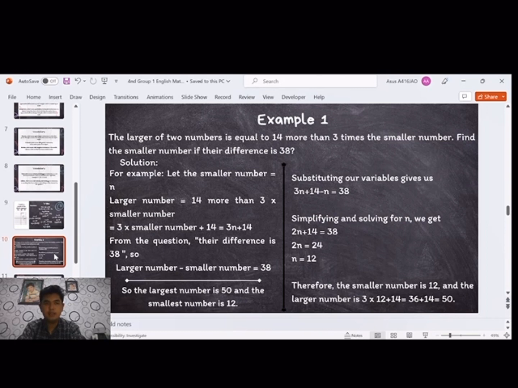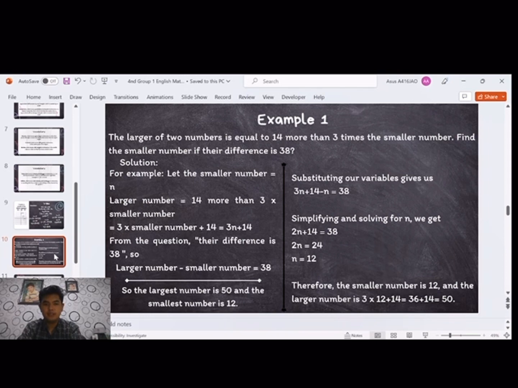So the larger number equals 3 times the smaller number plus 14, which is 3n + 14.